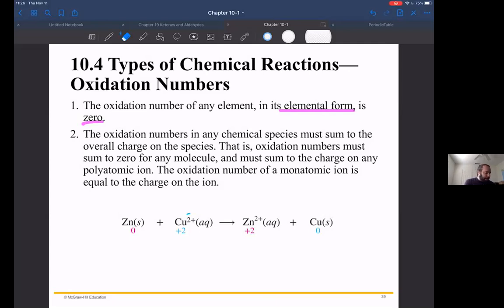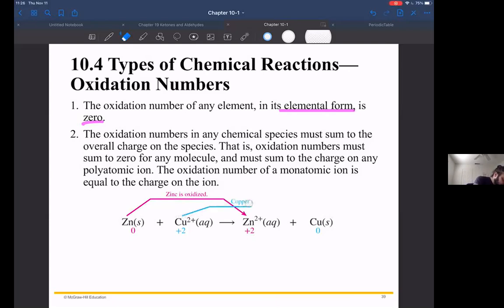So in this chemical reaction, we can see that this is an oxidation reduction reaction because the species' oxidation numbers are changing, right? Zinc is going from being neutral to having a +2 charge. So it is losing 2 electrons, it is being oxidized.